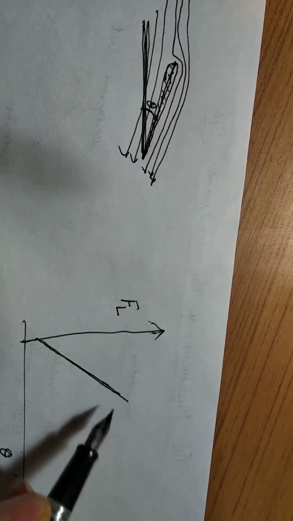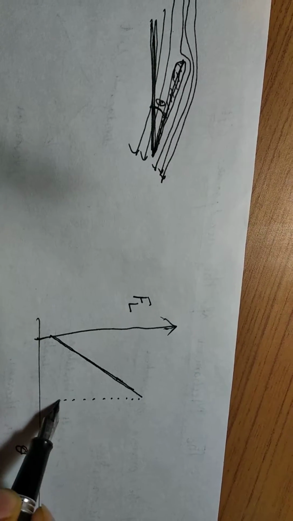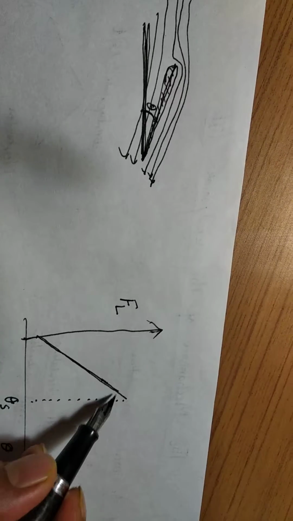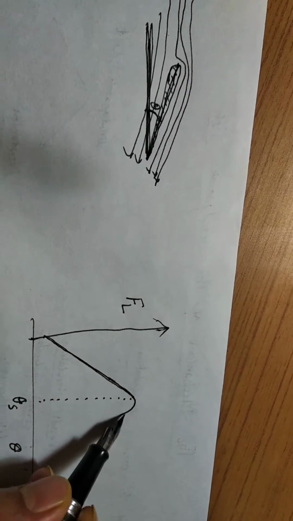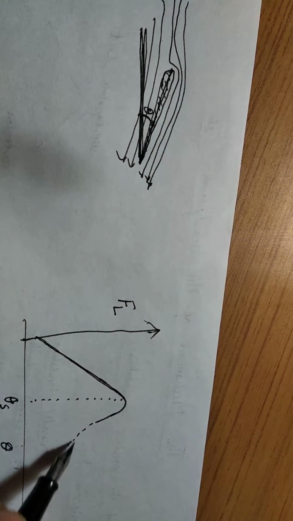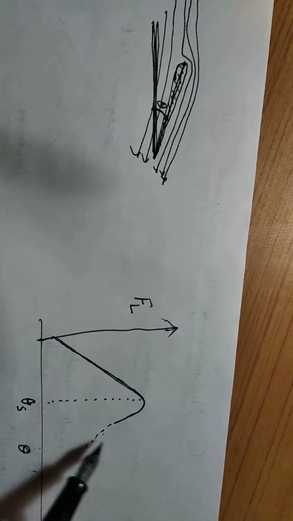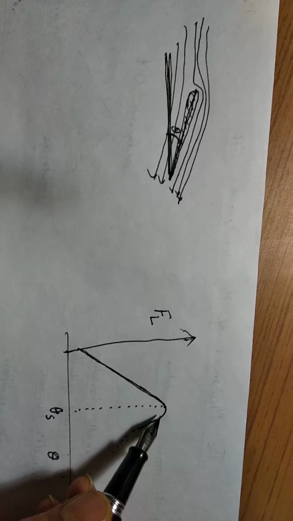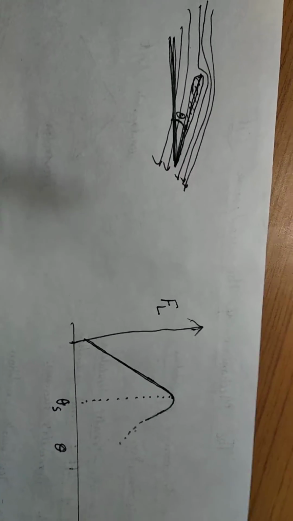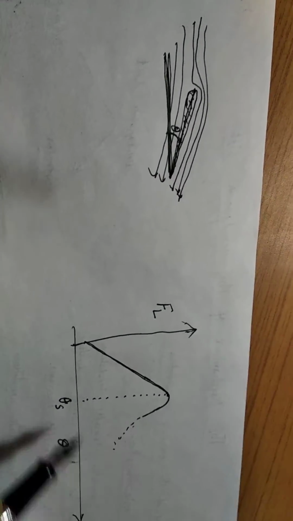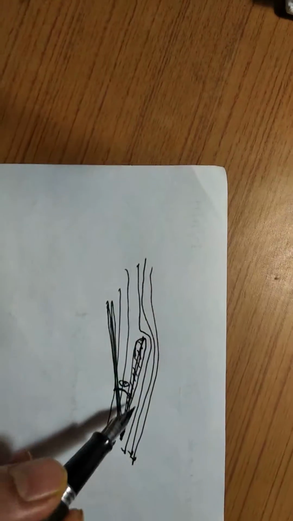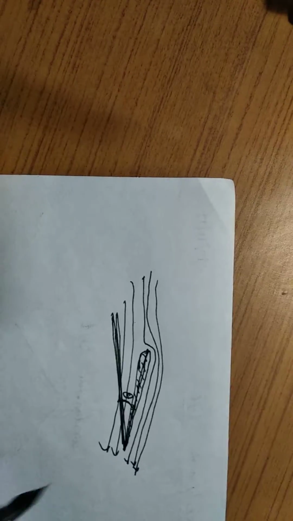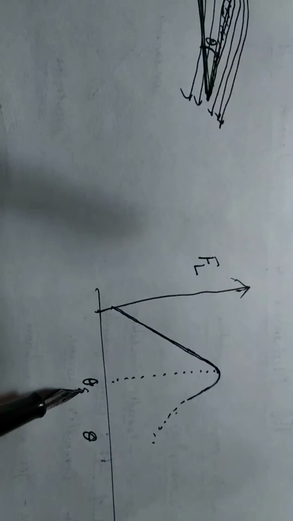At a particular angle, say theta s, which is called the stall angle, the lift suddenly reduces, and you have loss of the aerodynamic lift, which is dangerous for a stable motion of the aeroplane. So one can increase theta up to a certain level, but it cannot be increased beyond this cutoff angle, theta s, the stall angle.